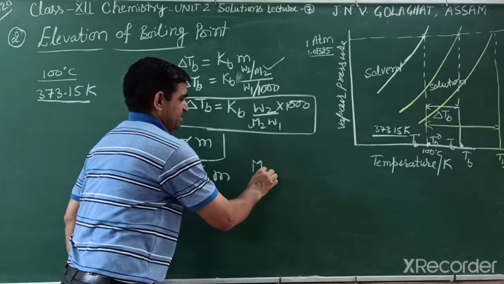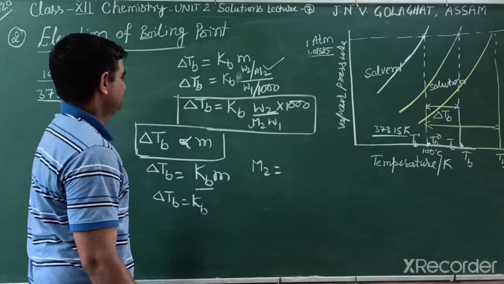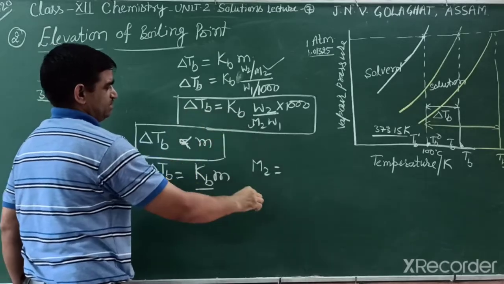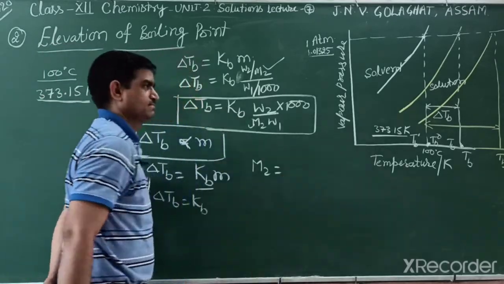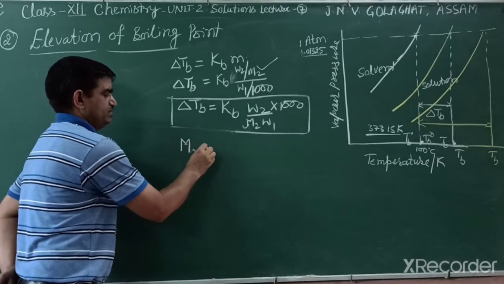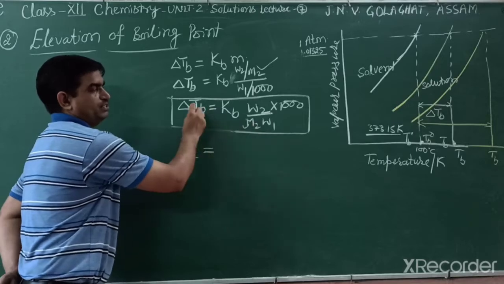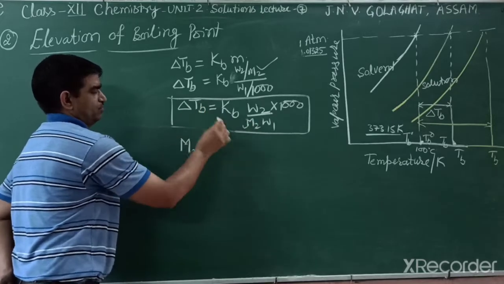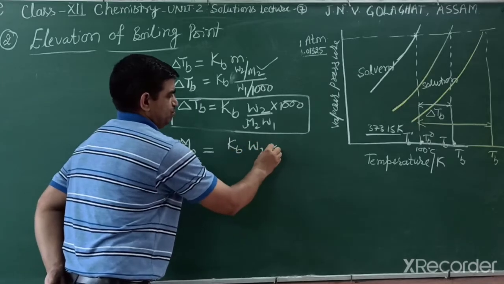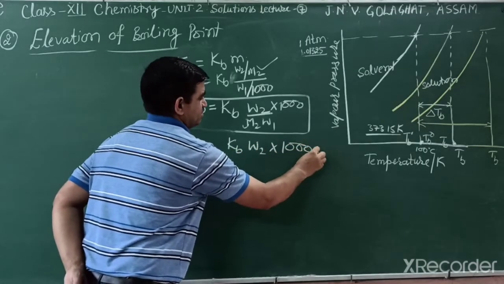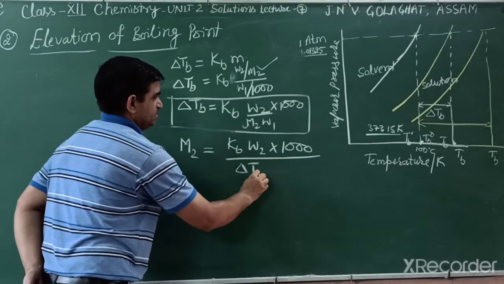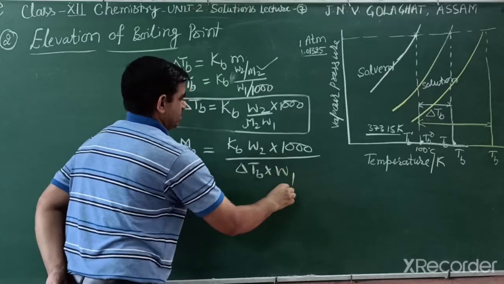How can we identify M2? M2 means molar mass of solute. By this equation, you can exchange, cross multiply, then M2 is equal to Kb W2 into 1000 divided by delta Tb into W1.